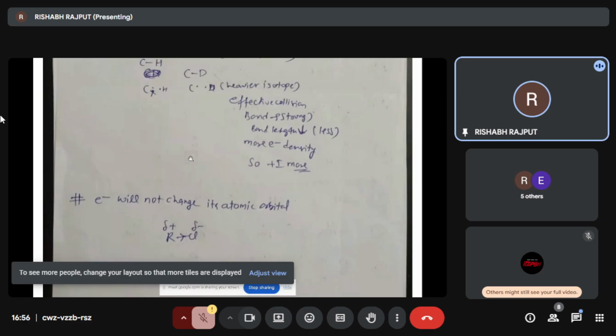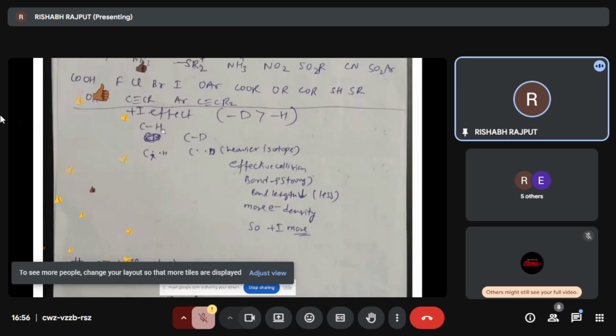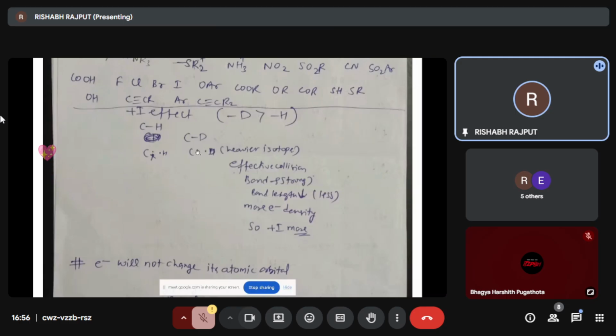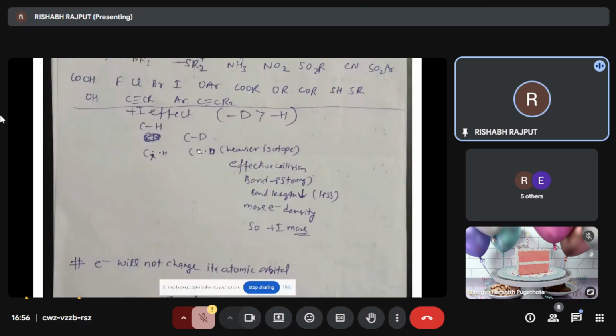Guys, now I'm comparing one thing: C-H and C-D. In this case, C-D has more +I effect compared to C-H. Please remember that. Why? Because D is an isotope of hydrogen, a heavier isotope. Because of the heaviness, effective collision happens here, so the bond will be strong.